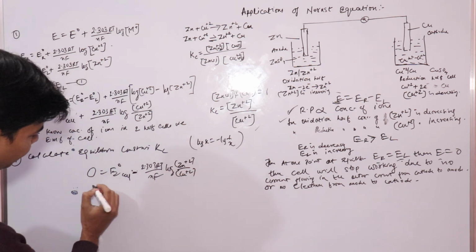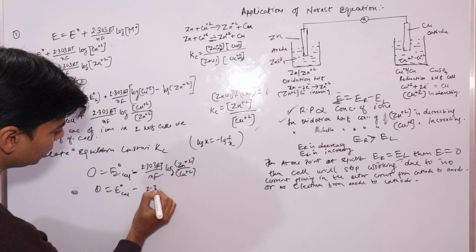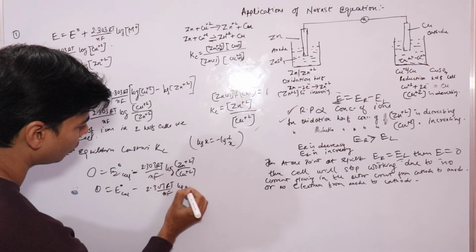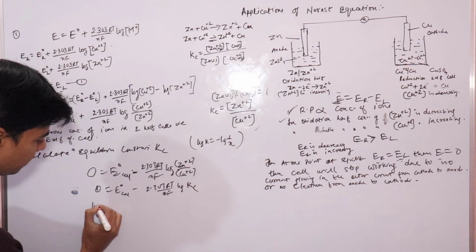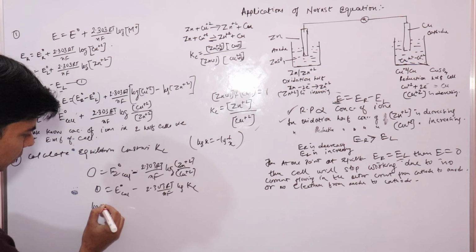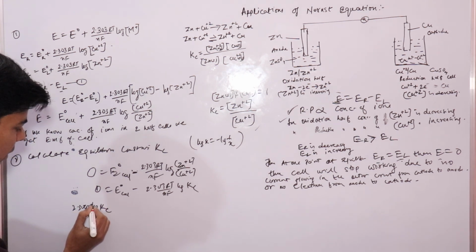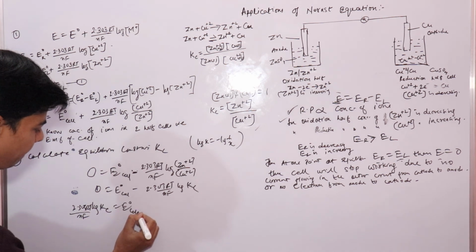So this is 0, this is E cell minus 2.303 RT upon NF log of Kc, right? So I'll take this here, Kc, 2.303 RT upon NF is equal to E cell, right?